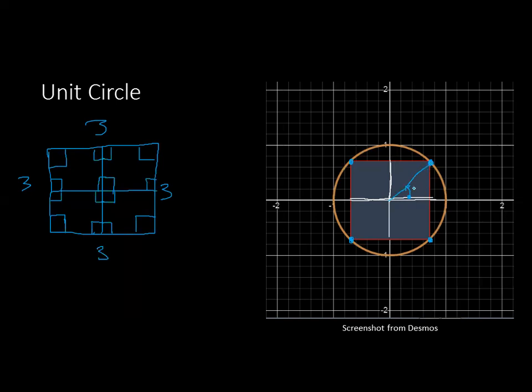First and foremost, what would be the angle formed here? What I did here is I made a line that shows the distance from this corner up to that corner, from this corner up to this corner.